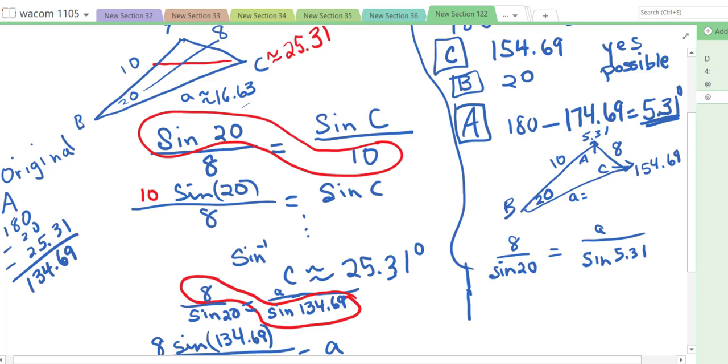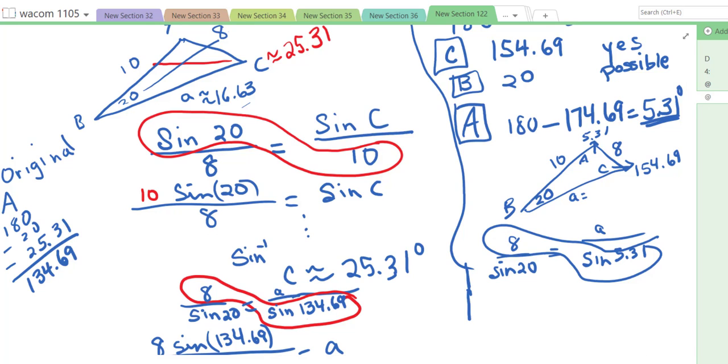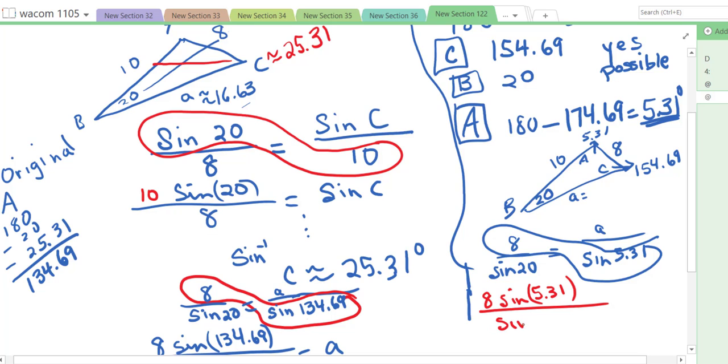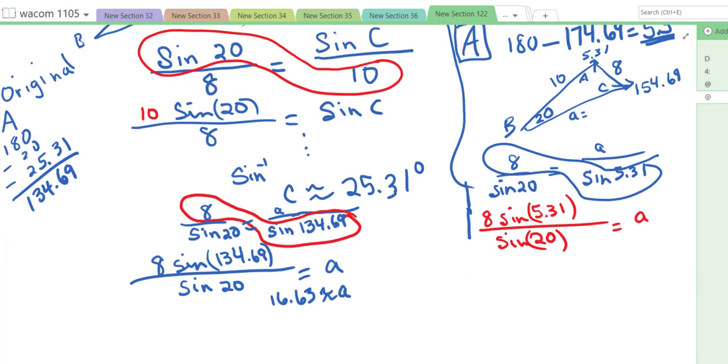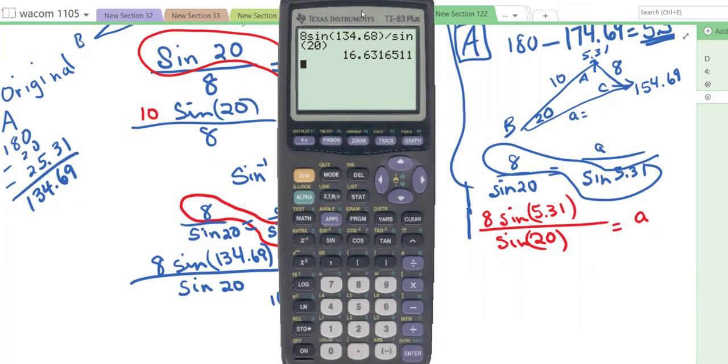And I will go this way. So 8 sine of 5.31 divided by sine of 20 will equal A. All right, go to your calculator, clear it.